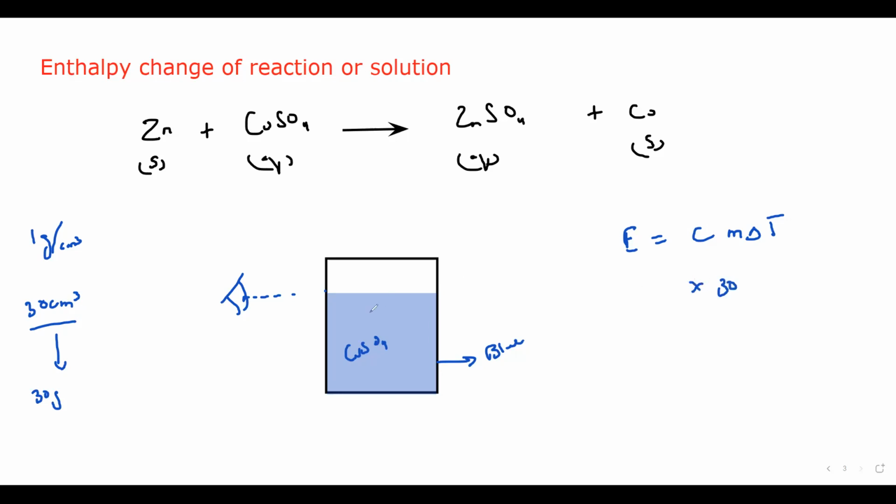Specific heat capacity, because it's aqueous, water is there, that is 4.2. Multiplied by the temperature change. Practically, how can we work out the temperature change? For this purpose, we can sketch a graph here.